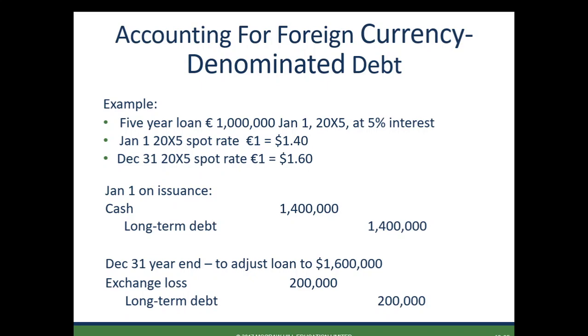At December 31st year end, we adjust for the then current exchange rate of $1.60 Canadian for every 1 euro. So the difference between our initial recording on January 1st and the amount at December 31st is what we record, in this case 200,000. So that difference is recorded as an exchange loss and an increase to our long-term debt.